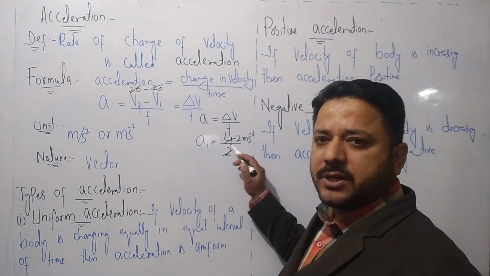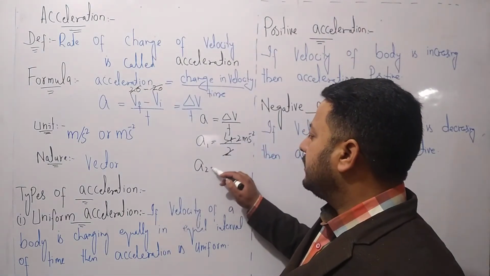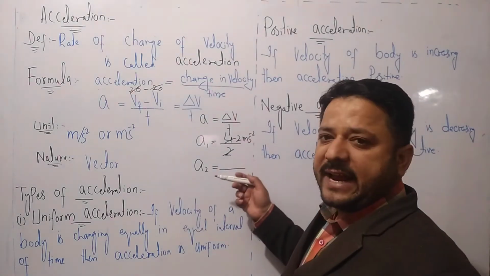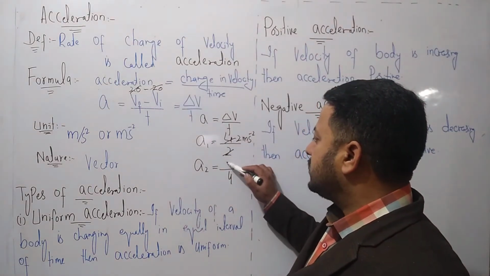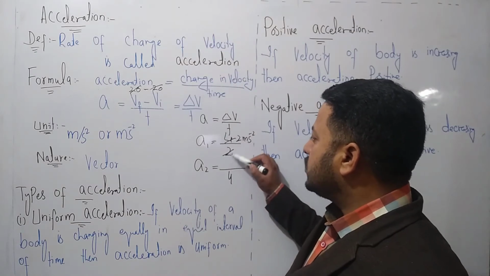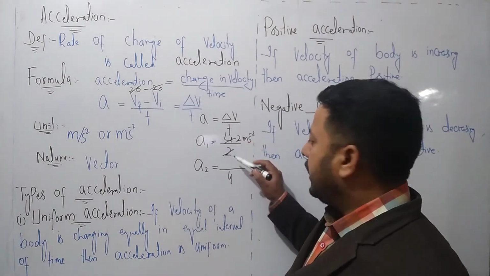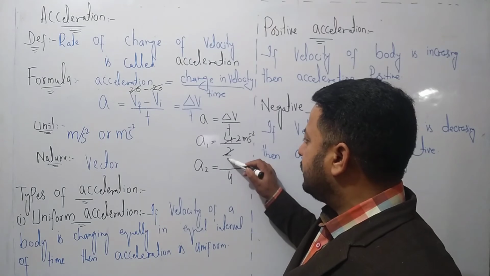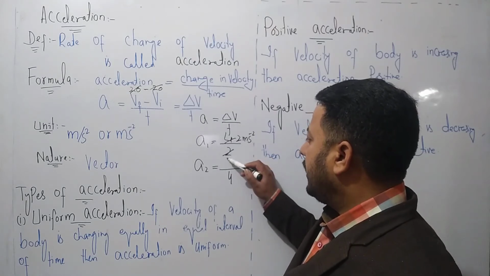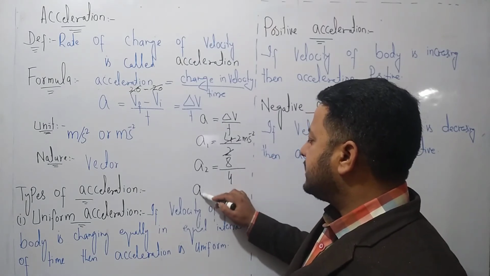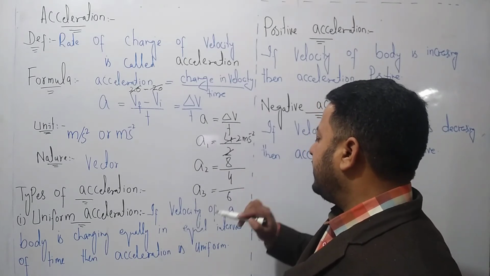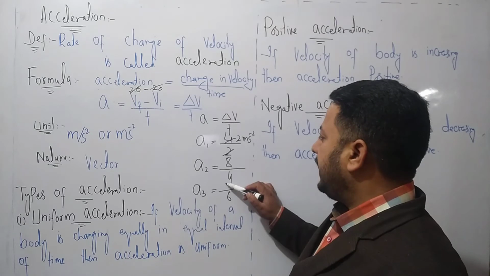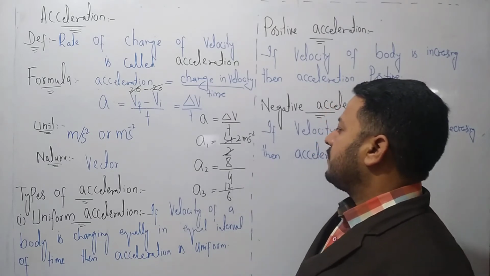That is acceleration. Then in the next 2 seconds, total time 4 seconds, velocity changes again: now velocity is, for example, 8. And at 6 seconds, velocity is 12.